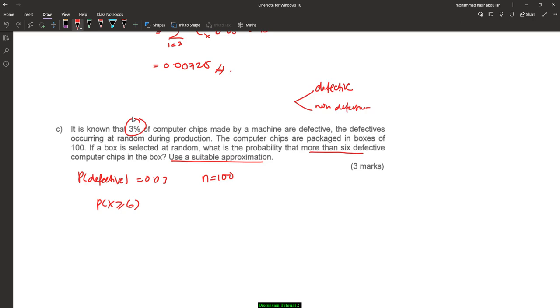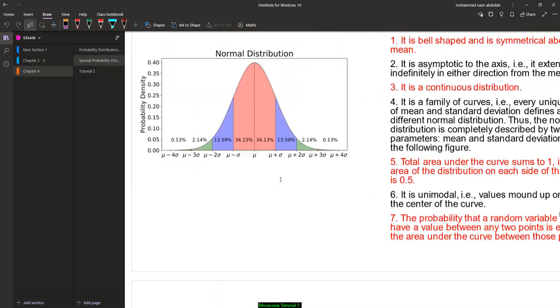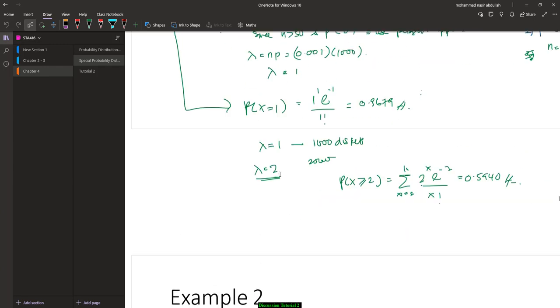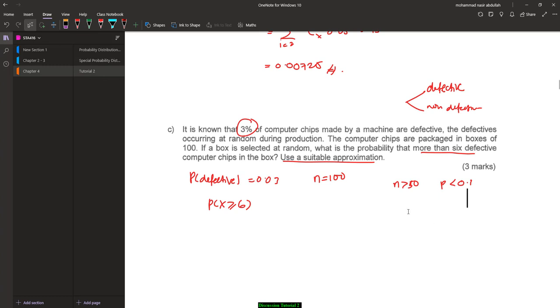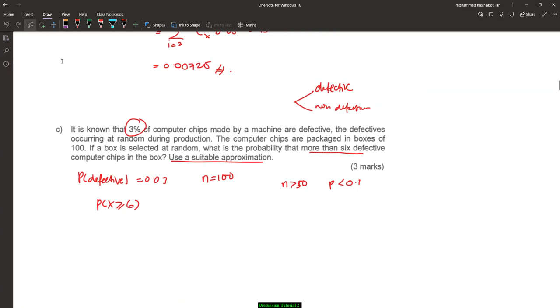Since the question clearly states to use approximation, n is more than 50, as I told you in the last lecture, and p is less than 0.1, so we can use a Poisson approximation to binomial.